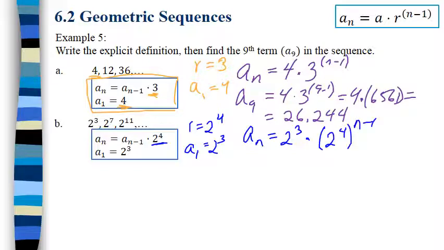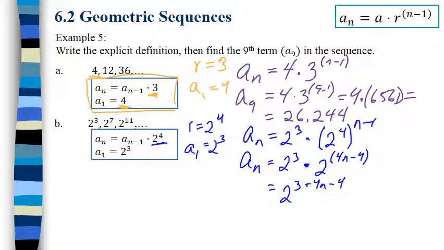Here we're going to need some properties of exponents to simplify, because we can't really leave this as it is. So a sub n equals 2 to the 3rd times, raising a power to a power means we multiply, 2 to the 4n minus 4. And since we're multiplying exponents with the same base, this is 2 to the 3 plus 4n minus 4. Well, 3 plus 4n minus 4 is 4n minus 1.